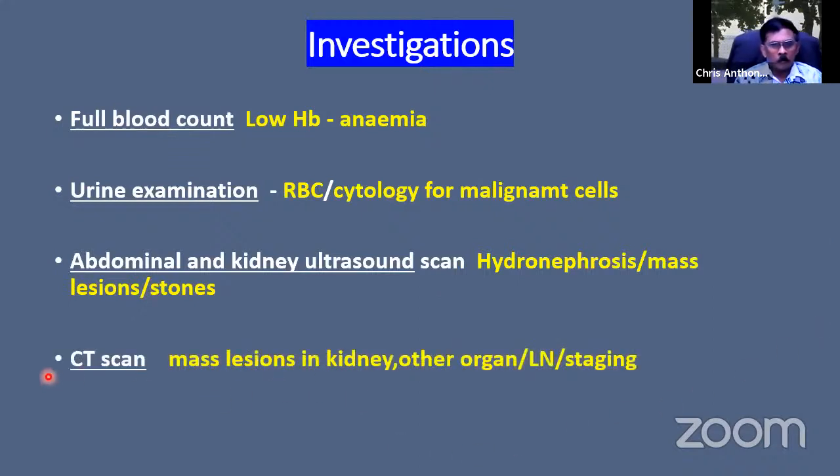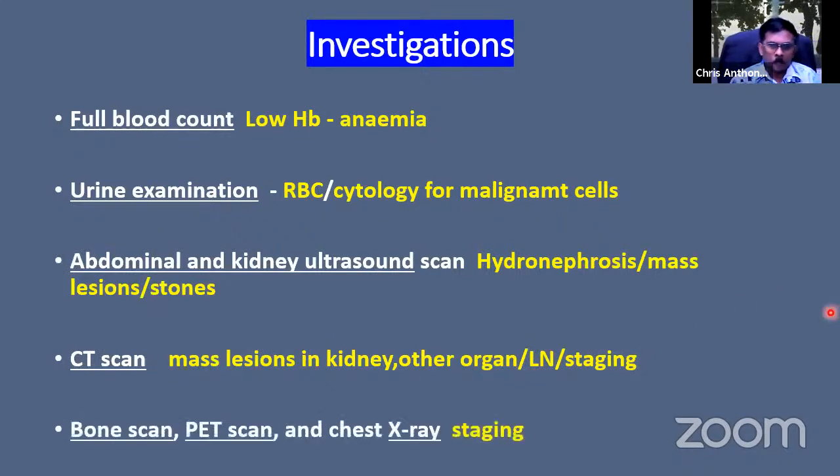CT scan can usually be done to detect mass lesions in the kidney and other adjacent organs, and also for lymph node and staging purposes. Bone scan, PET scan, and chest x-rays are all done for the staging of the renal cell carcinoma.